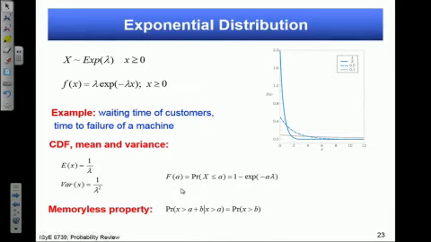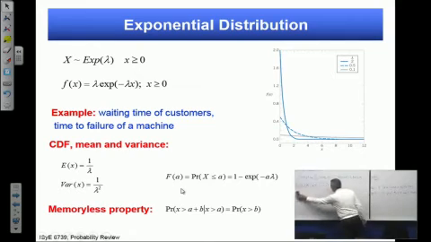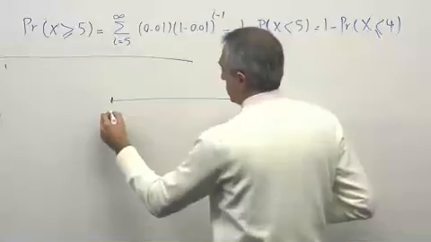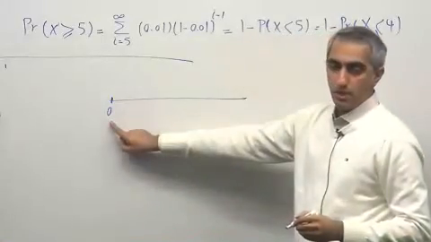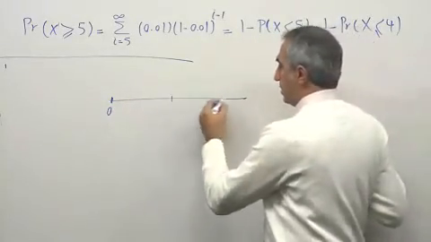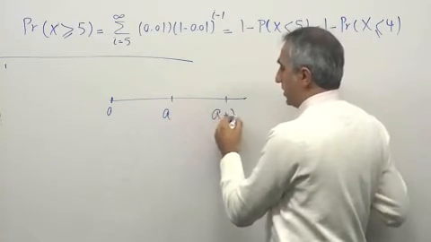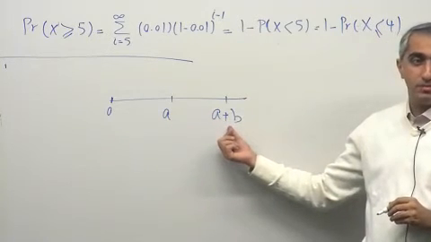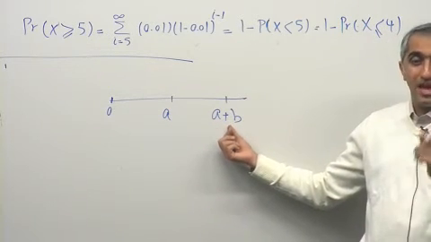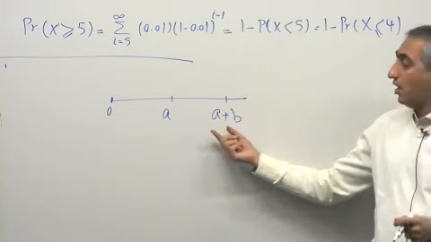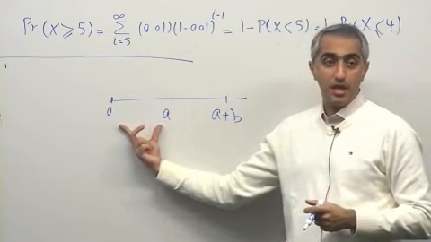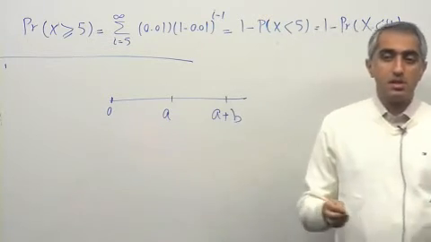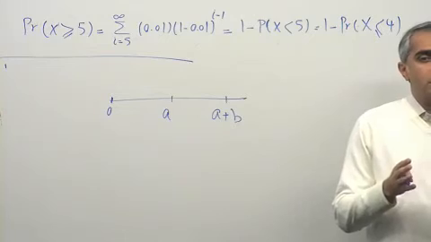So what does it mean? The memoryless property says, let's say a machine starts working at time 0, and this is A plus B. I want to know the probability of the machine working after A plus B hours, okay? But I have a piece of information. What is it? I know that it has already worked for A hours, okay? Then what does the memoryless property say? It says the exponential distribution is memoryless.